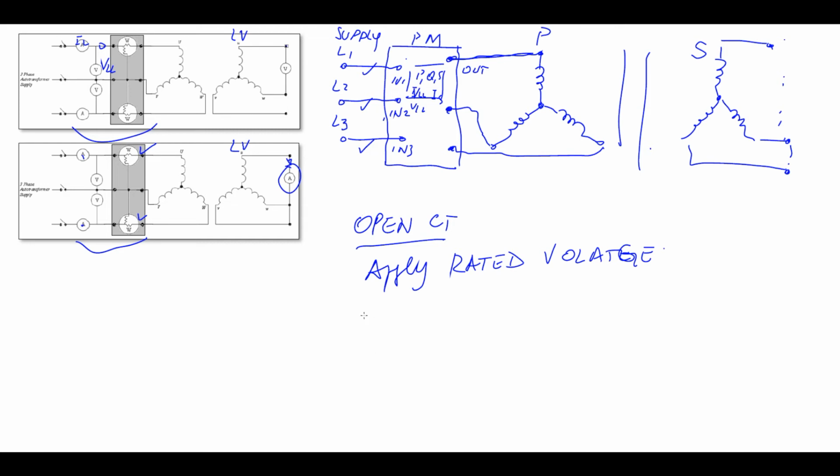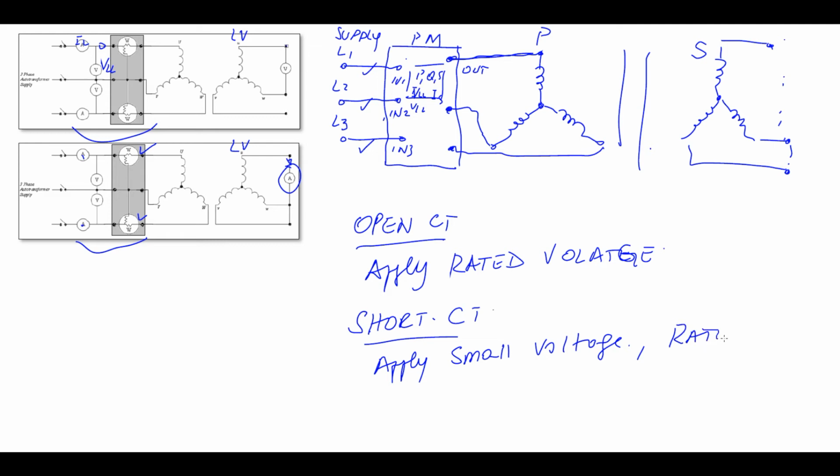In the short circuit test, we apply a small voltage at the primary side, and we keep our eye on the current, which should be rated current, like this.